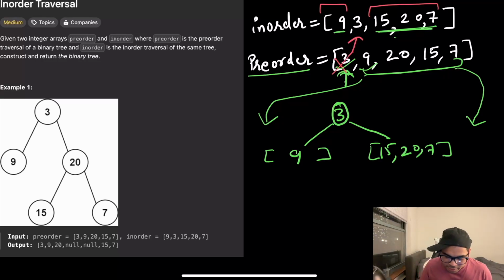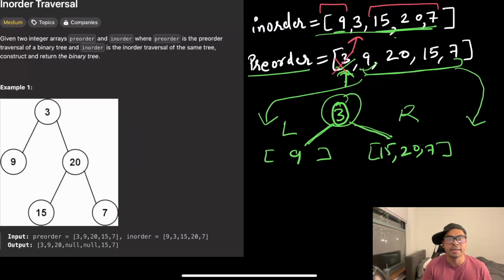So that's why, when I'm placing the left child and right child onto my root, I'll process left first and then right, since we follow root, left and right order in preorder traversal.